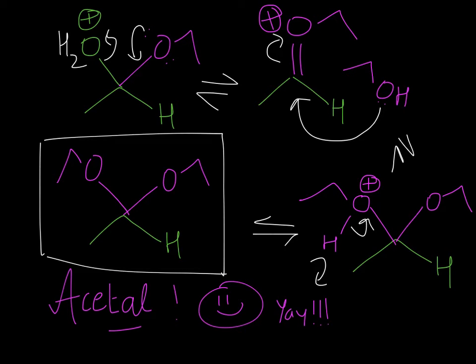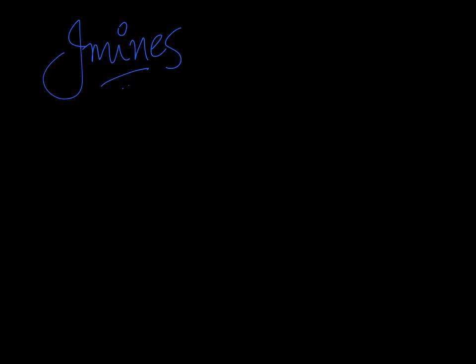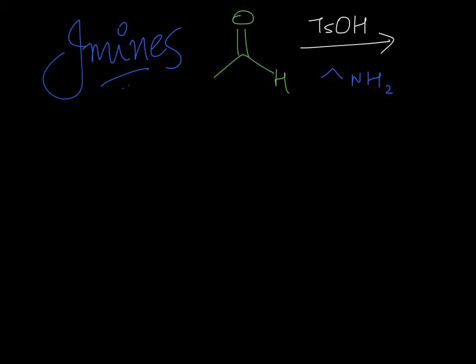And all that means is that you've got two oxygens attached to the original carbonyl carbon, both of which have two R groups attached to the oxygens. Well, what about imines? Well, this reaction is almost the same, except that you have a primary amine instead of an alcohol. So let's go through the same drill again.